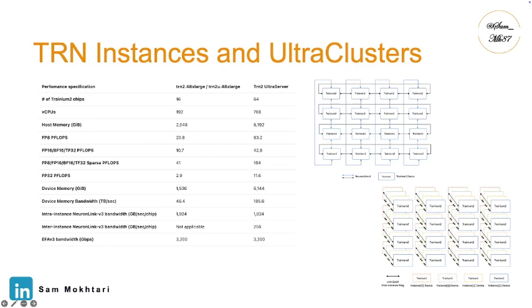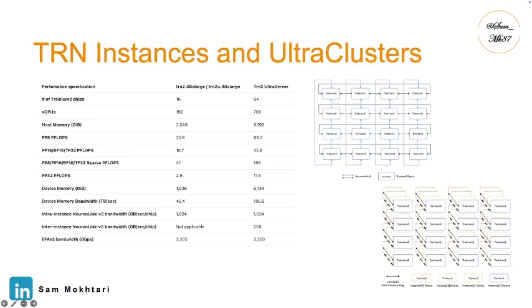Here you can also see the specification of both TRN2 instances and TRN Ultra servers. TRN2 instances come in two primary sizes, trn2.48xlarge and trn2u.48xlarge.